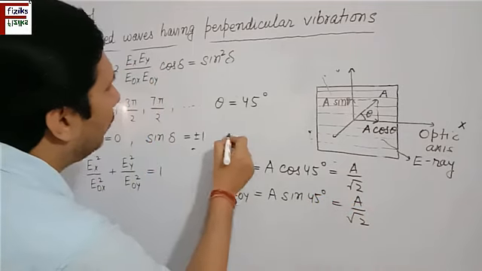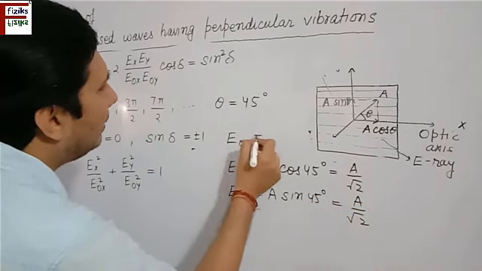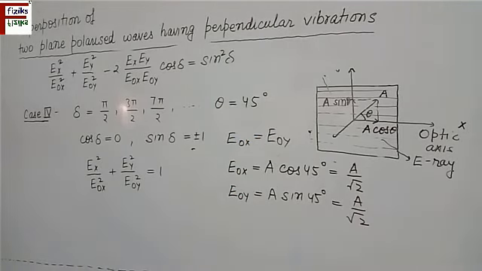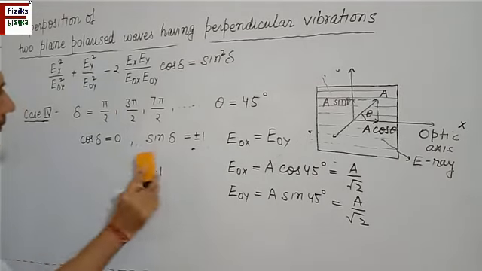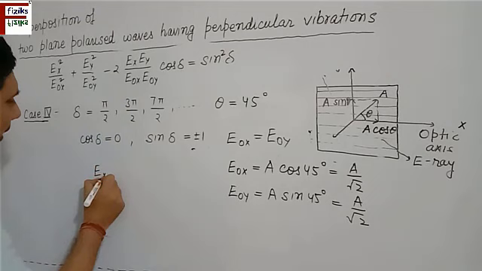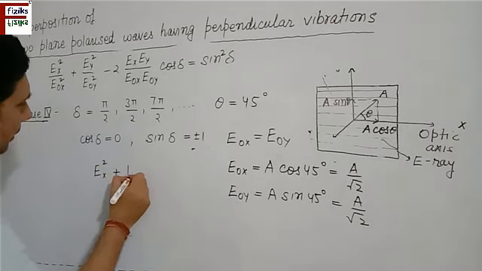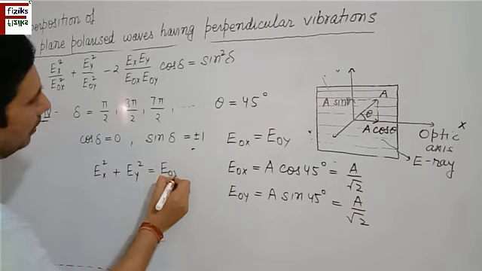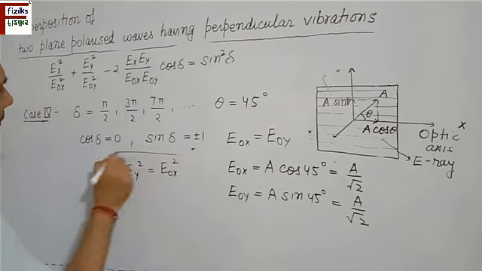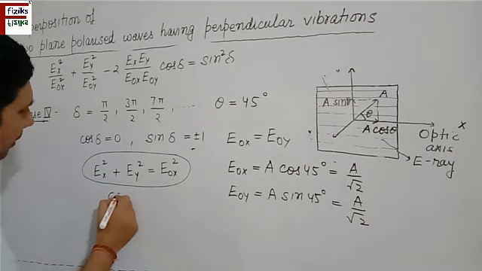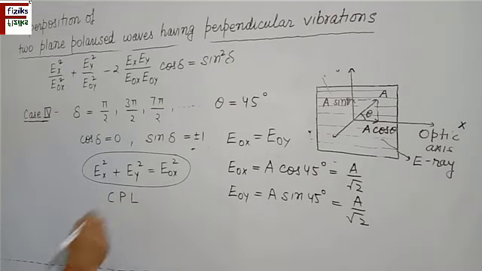So both E naught x and E naught y become equal, and this equation converts into Ex square plus Ey square equal to E naught x square. This is the equation of a circle. So on the emergent side we will have circularly polarized light.